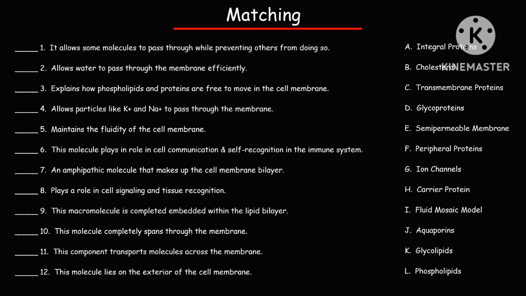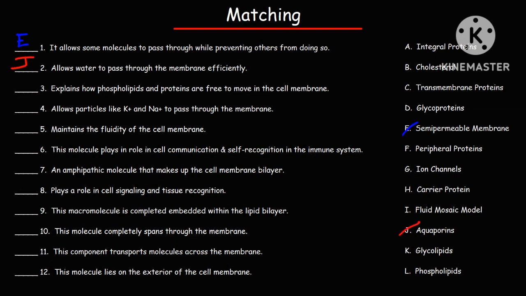So the answer for this would be a semi-permeable membrane. It allows certain molecules to pass through the membrane while preventing others from doing so. Number 2. So which word goes with this sentence? It allows water to pass through the membrane efficiently. So this would be an aquaporin.